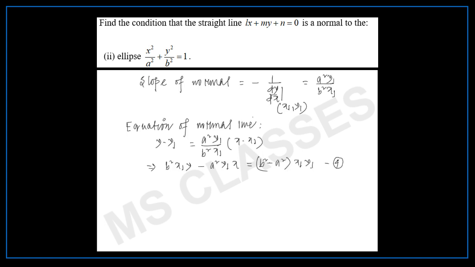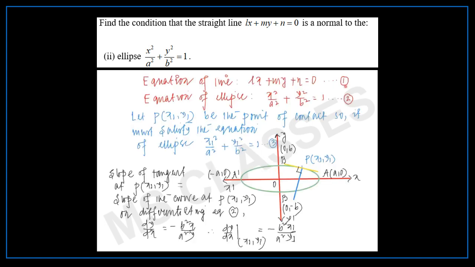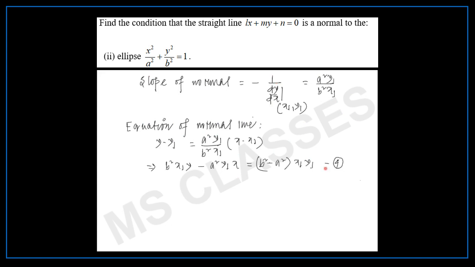We had here equation 1, which was the equation of the line, equation 2, the equation of the ellipse, and this was the condition because the point P has satisfied this equation. Now we can compare equation 1 and equation 4 because they represent the same identical line.